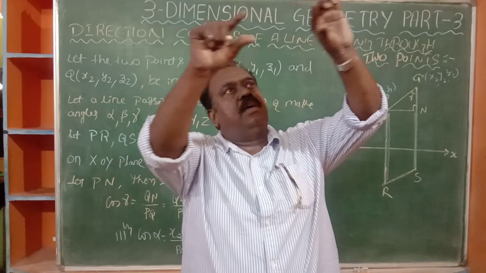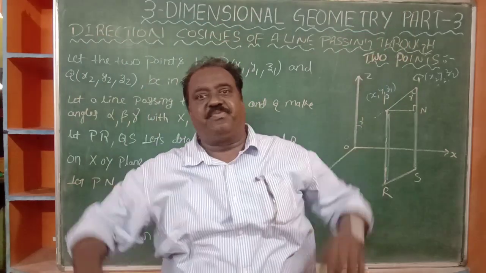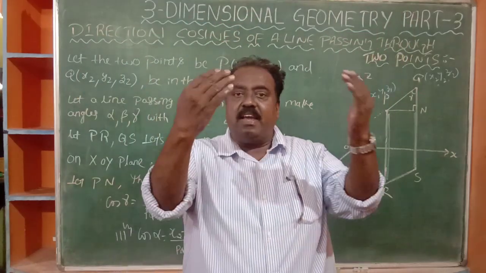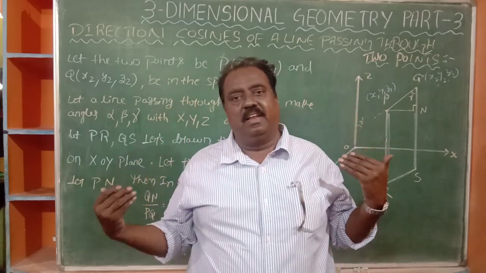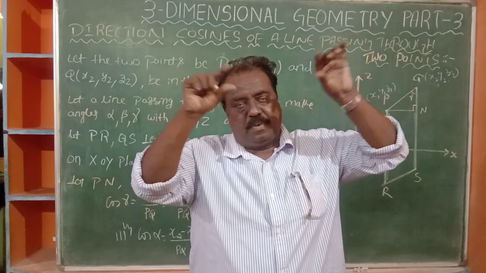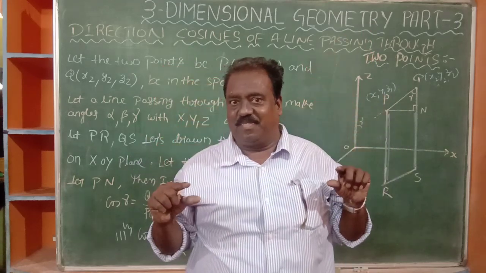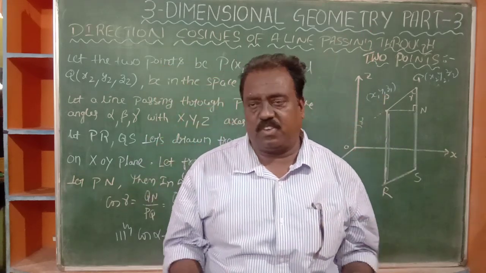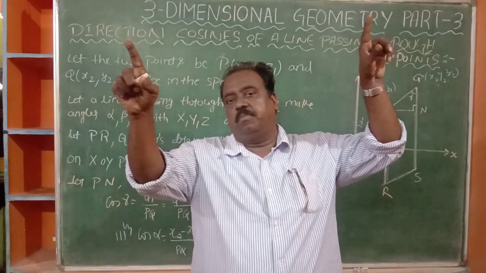But here the line PQ is in the space. That line also makes the same angle. You see, if you take parallel lines, they make the same angle. We know it. For the PQ line segment, 2 points are there.